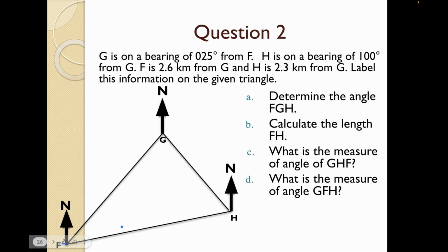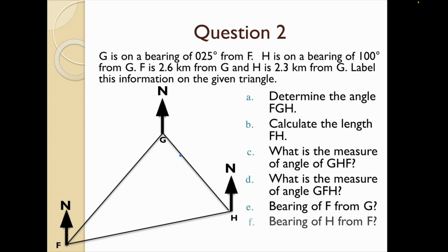Just a little hint. Then it wants the bearing of F from G, and then the bearing of H from F. And then you're going to do the bearing of F from H. Let's see how y'all going to get this one done.